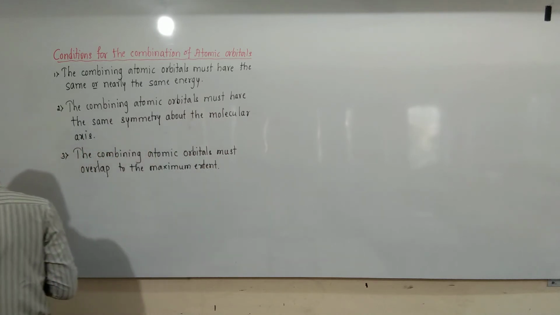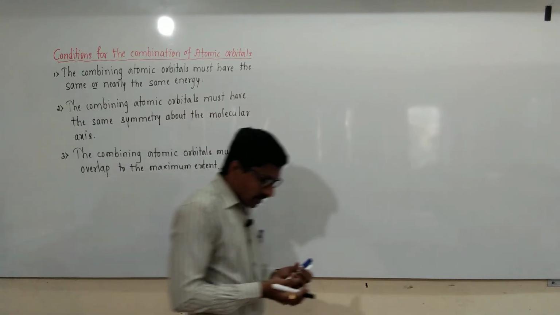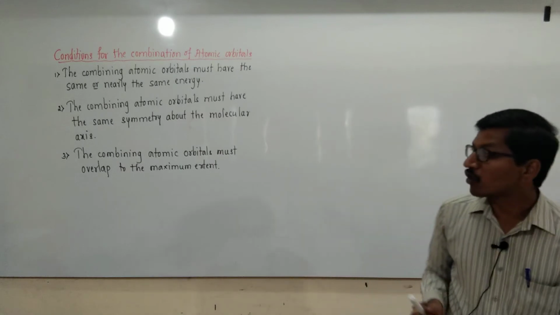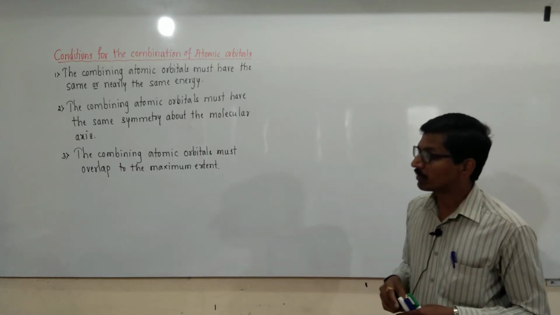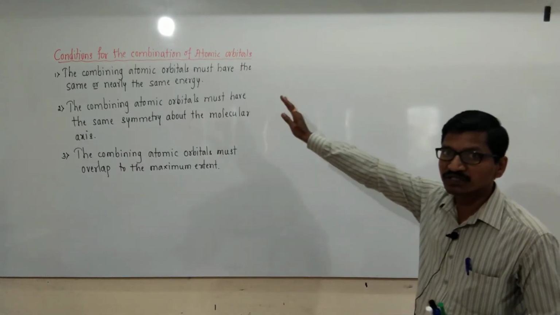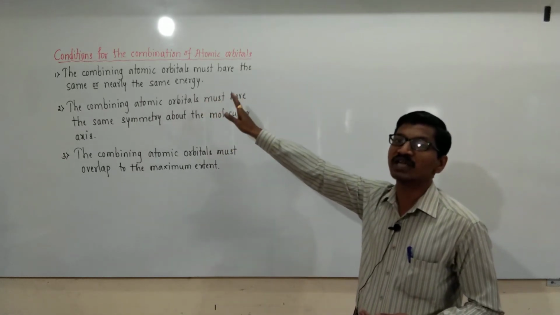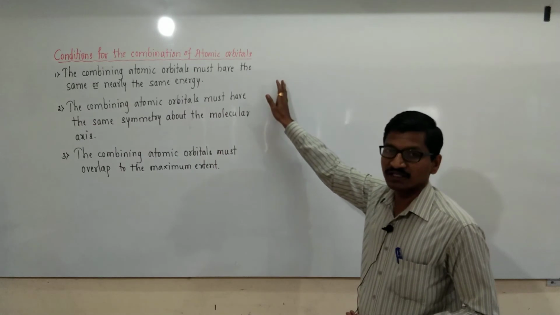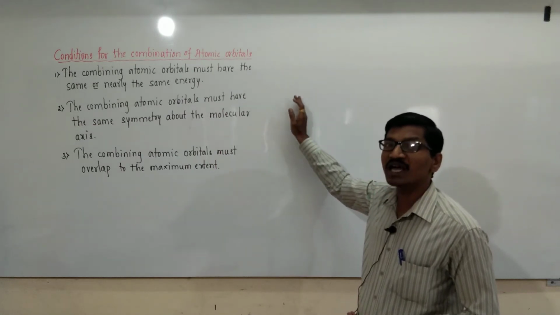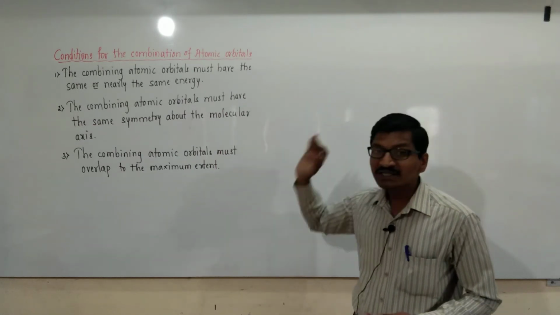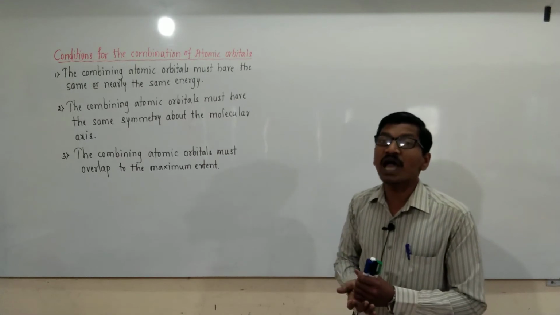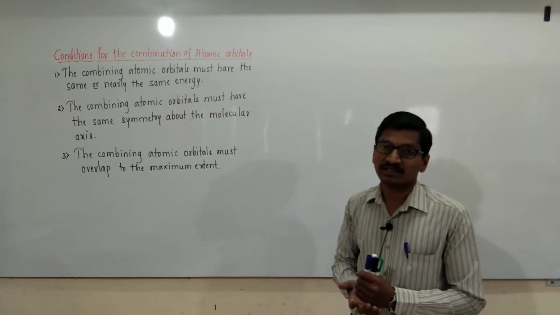These are some of the conditions for the combination of atomic orbitals. First, they must have the same or nearly the same energy. Second, the combining atomic orbitals must have the same symmetry about the molecular axis.